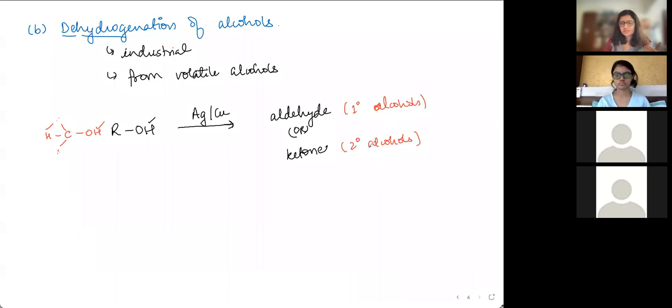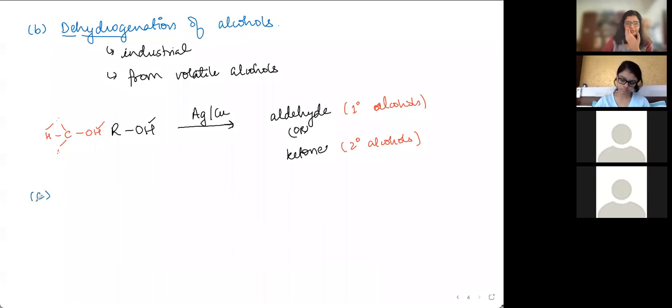So the logic, what's happening at the back end, is the same thing, just that the scale is different. You can't use so much permanganate at an industrial level. It's easier if you have a gas: you can direct that gas through heated copper tubes, silver tubes, or tubes covered with copper and silver, and do the reaction that way.